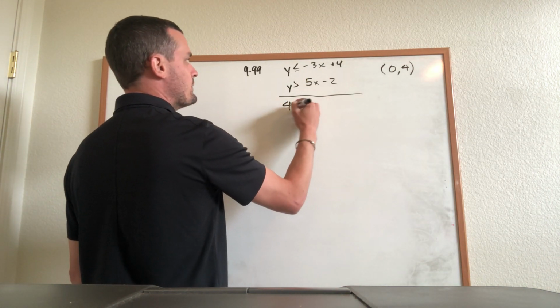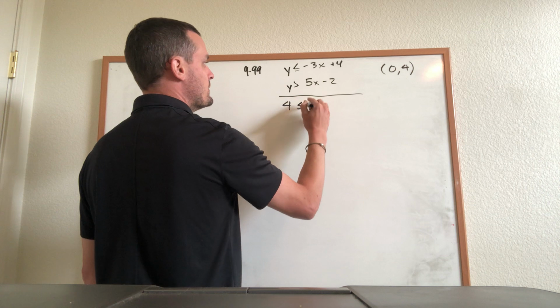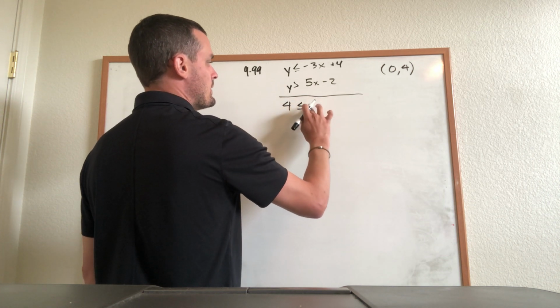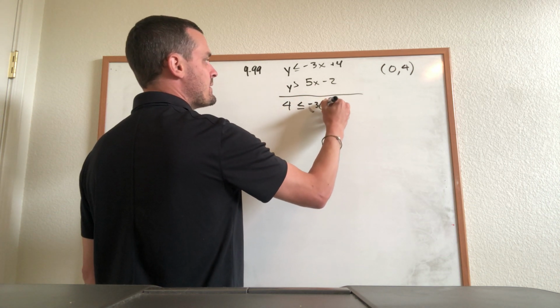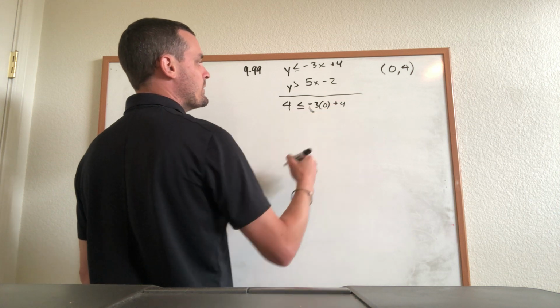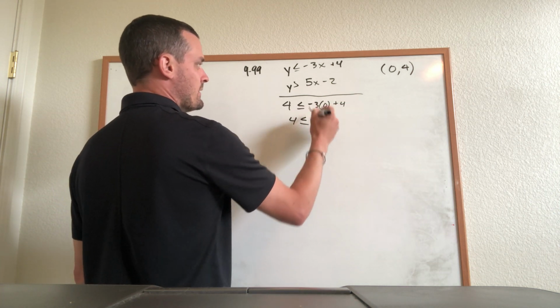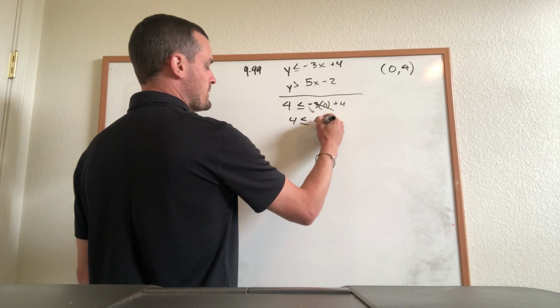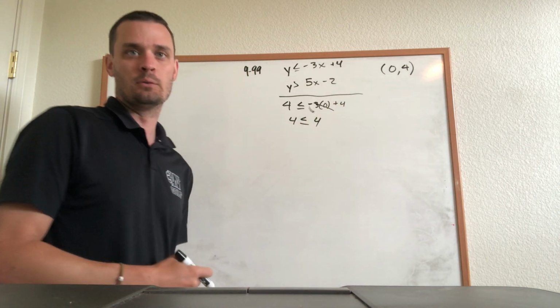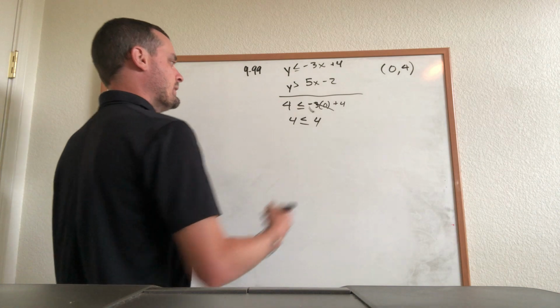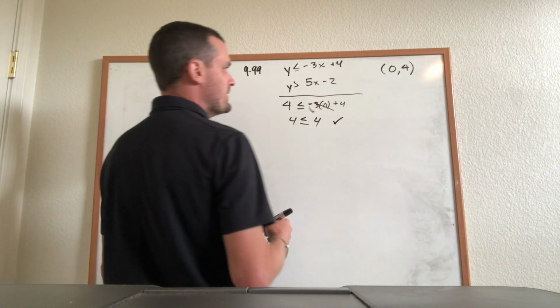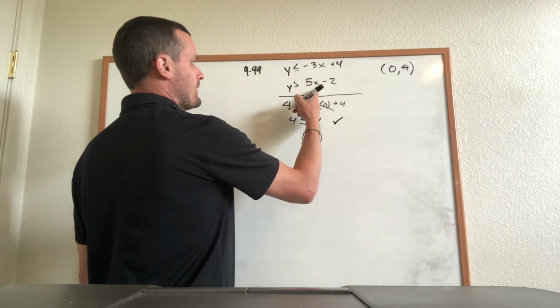First one, we get 4 is less than or equal to negative 3 times 0 plus 4. That cancels, so 4 is less than or equal to 4. Is 4 less than or equal to 4? Yes, it is, so that one checks out.